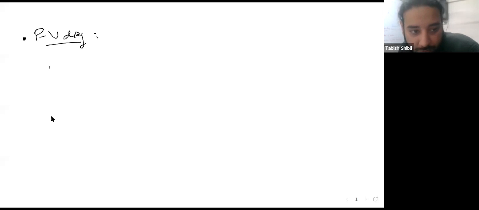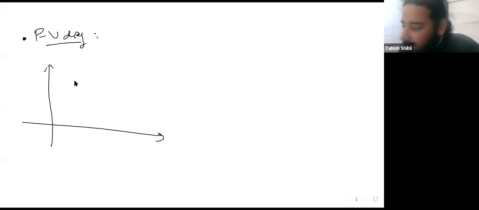This is actually an easy one, but sure, okay. So we have a PV diagram which looks like this. The triangle one we did in class, right?